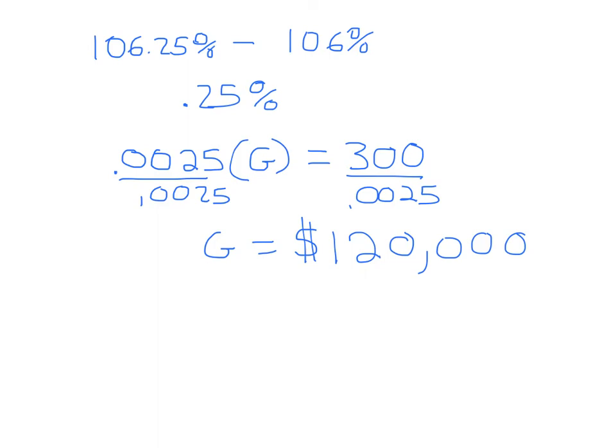But if you're going to buy something gigantic that costs over $120,000, then it is actually more affordable to go to Michigan, buy the thing, and then take it back somewhere else, in this case to Illinois. So again, this 0.25% seems like a very small percentage, and it is.